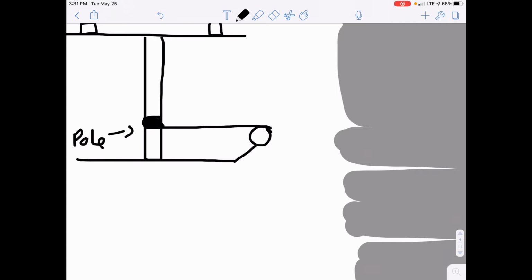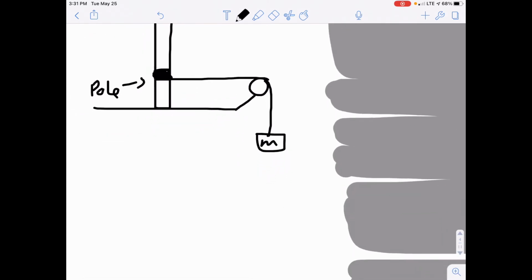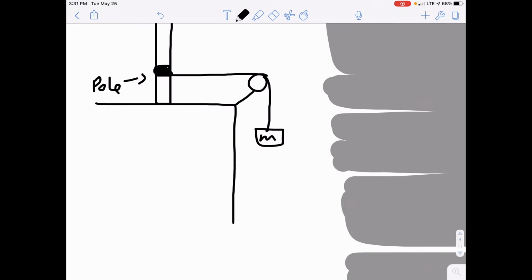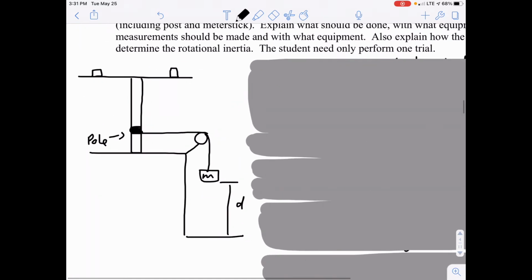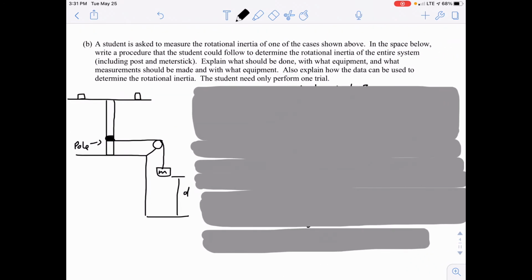Pass that string over a pulley to a hanging known mass over the edge of the table. Now the mass is a distance d above the ground. Pause the video to copy down that diagram.